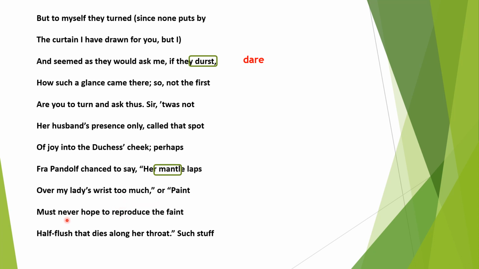Or paint must never hope to reproduce the faint half flush that dies along her throat. Or he might have also told that my paint or my brush is not enough to bring that half flush, that means that smile. It is spreading to her throat, and that dies.